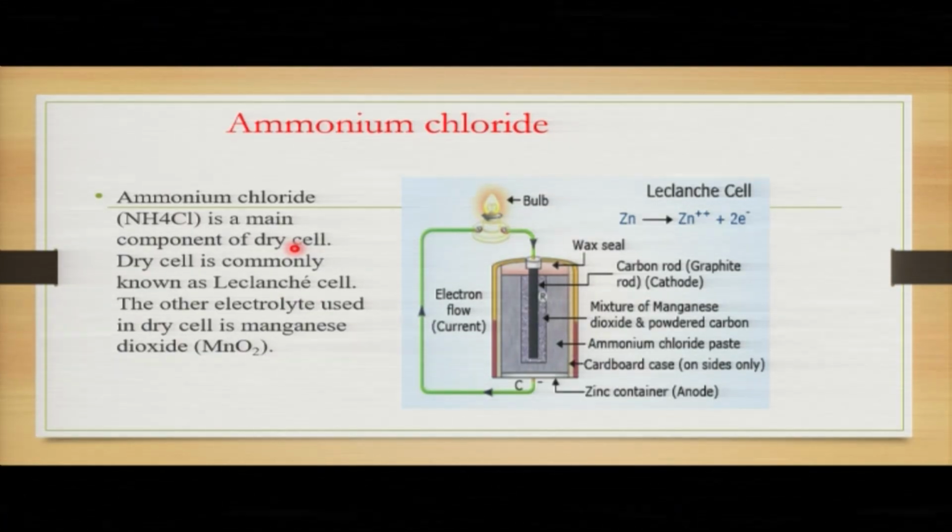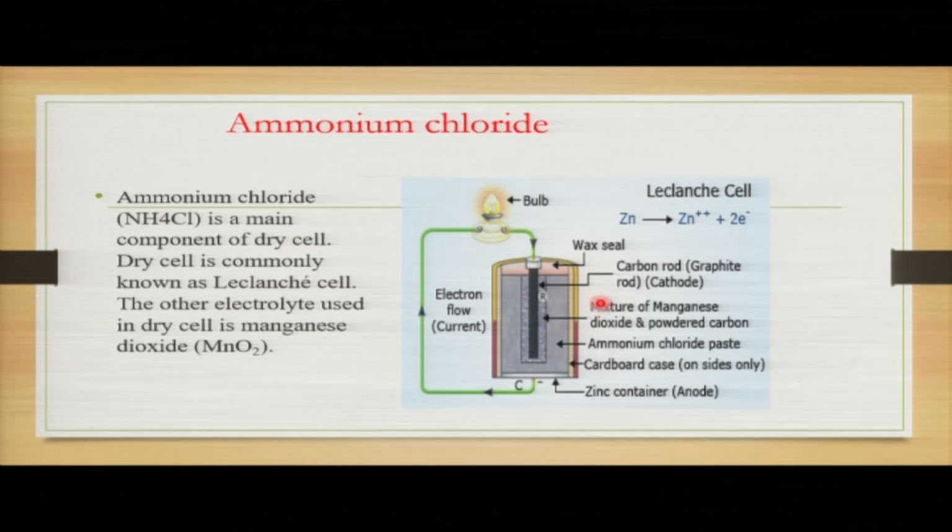The Leclanché cells are dry cells. They contain an electrolyte inside, and this electrolyte that provides the current is ammonium chloride. And there is another component. It is not only the ammonium chloride, there is also manganese oxide.